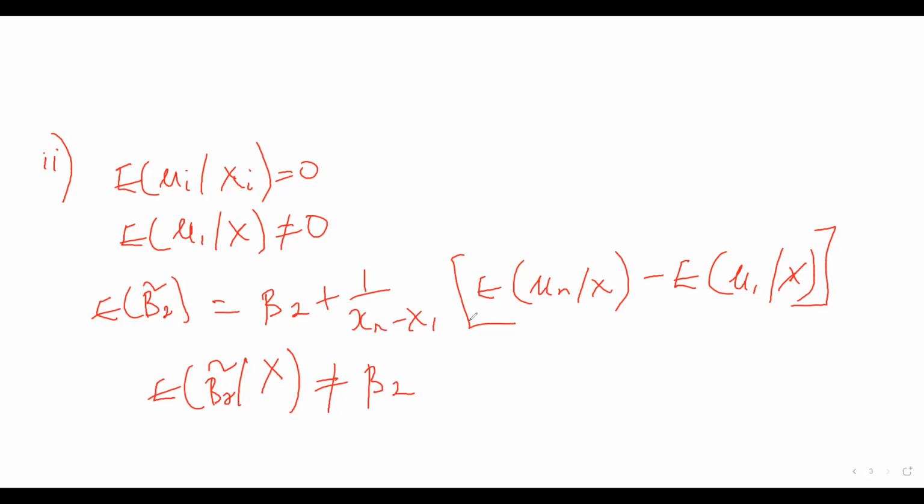So now let's look at the third question. The third question says, derive the sampling variance of beta 2 tilde, assuming that the expected value of the error ui given x is equal to 0.